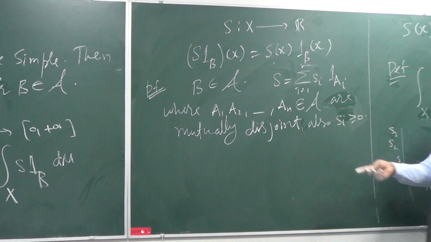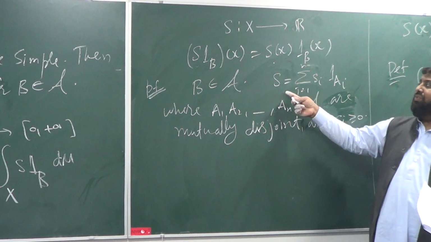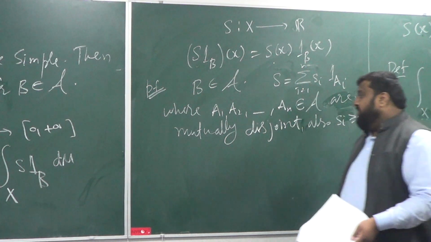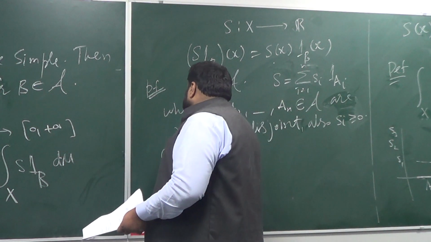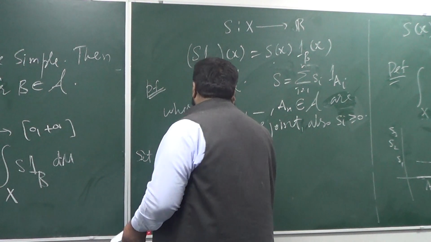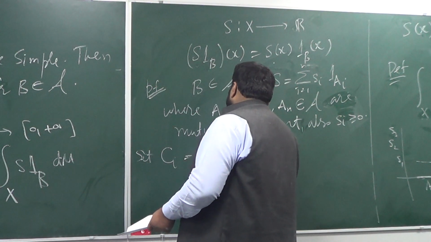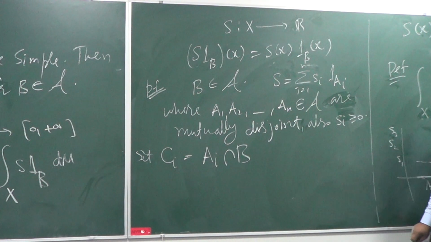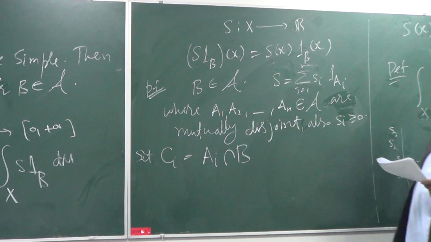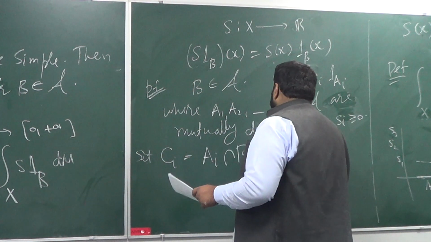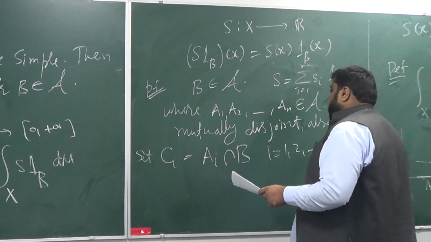So take C_i as A_i intersection B, where i is 1 up to n.